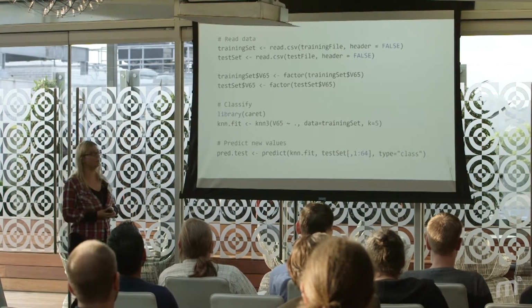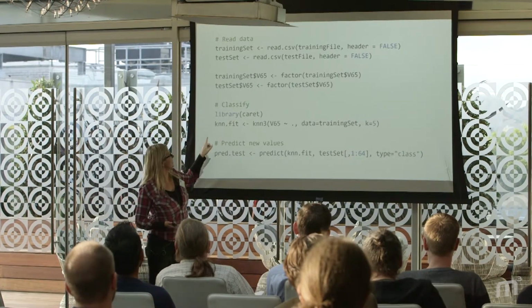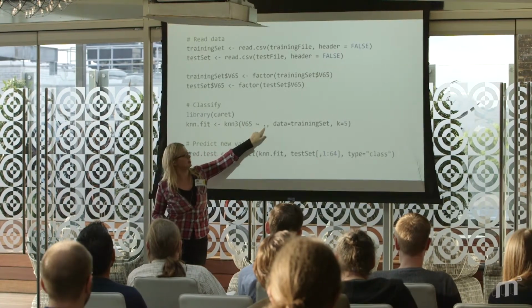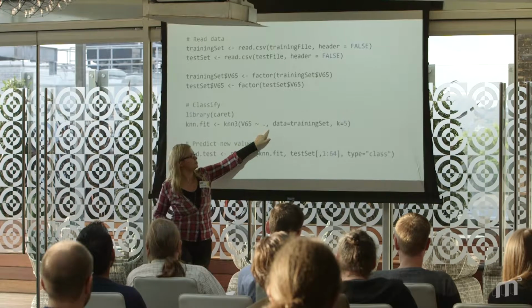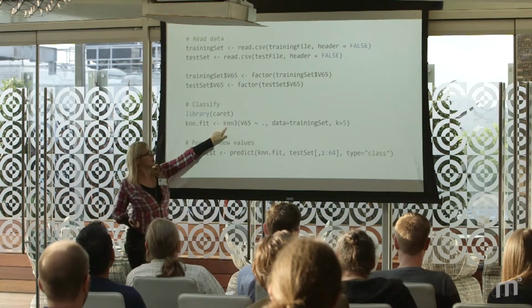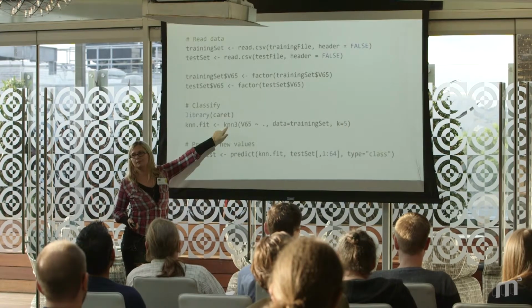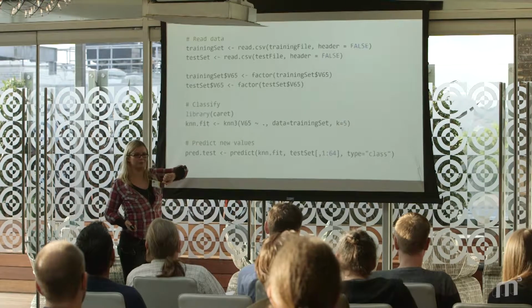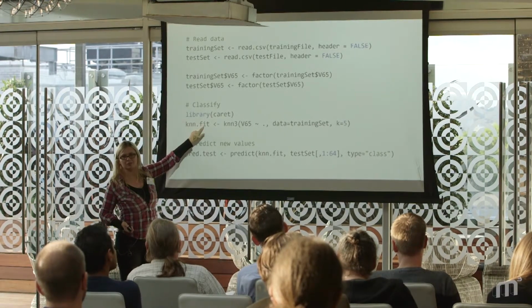So I'm saying this will be a label, and predict this label based on the other data using the training set that I've just read, using the k-nearest neighbor algorithm. This will be my model. And believe me, it takes a few seconds.